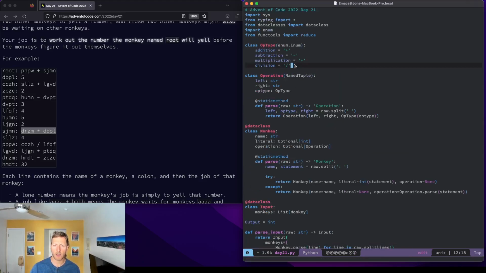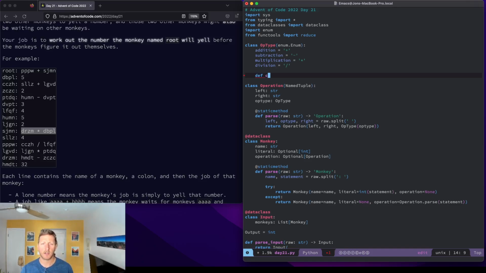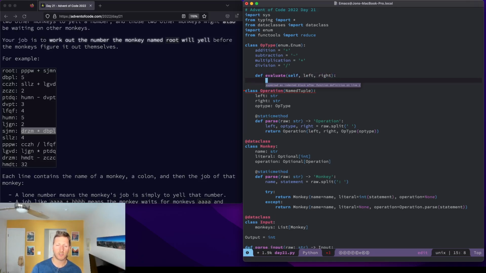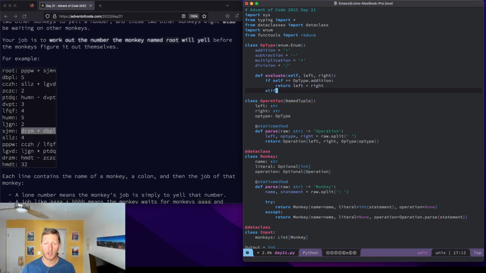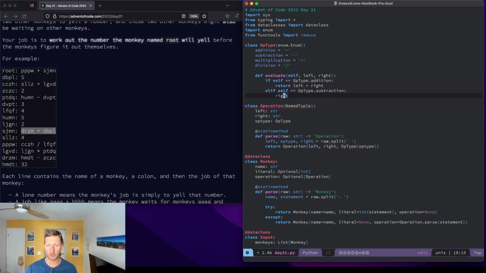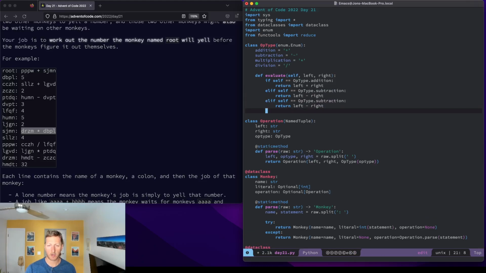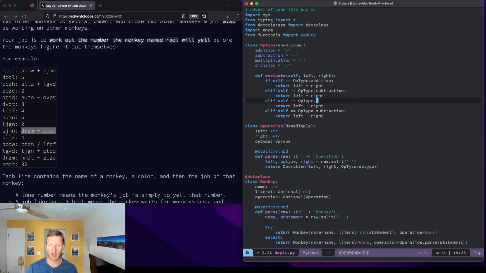The only thing we have to add is this op type, so def evaluate self left right. And this is just a switch statement, so if self equals op type dot addition, return left plus right, elif self equals op type dot subtraction, left minus right, and this is multiplication.